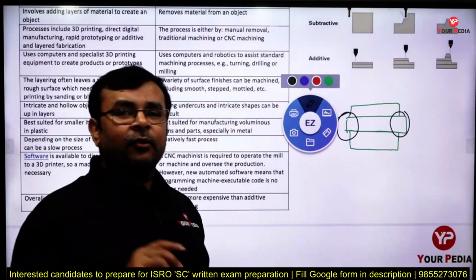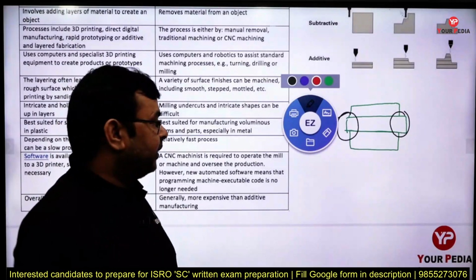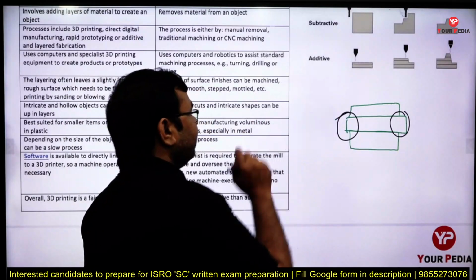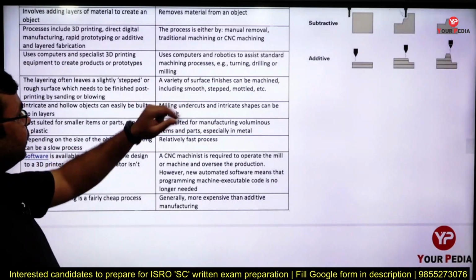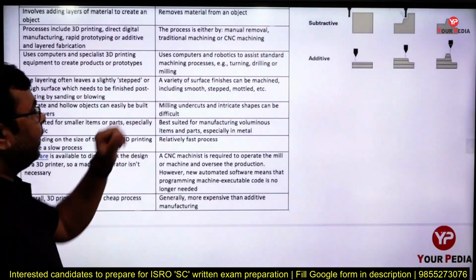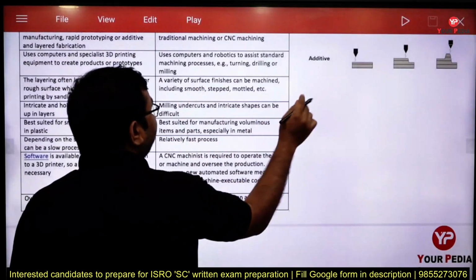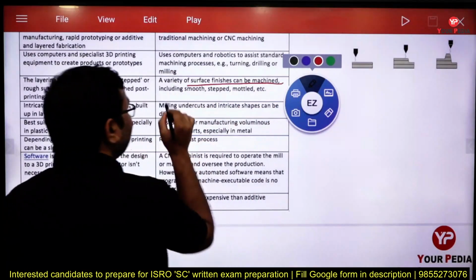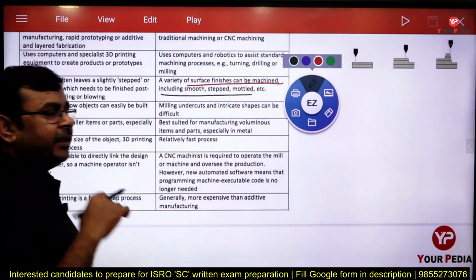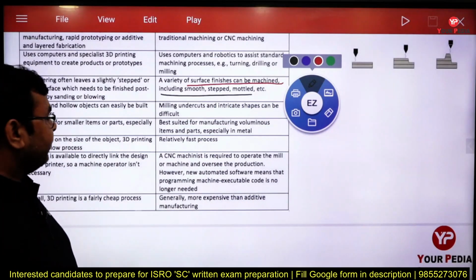For this we need to perform surface finish operations in 3D printing, correct. But in the case of machining, a variety of surface finish processes are already there to machine the component with a smooth surface finish, correct.